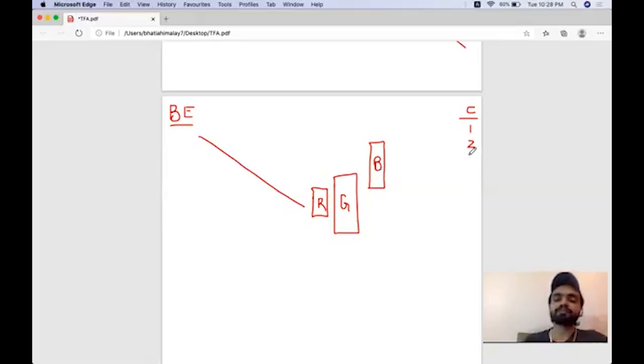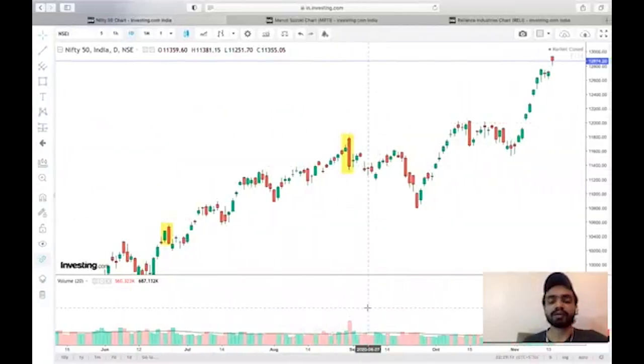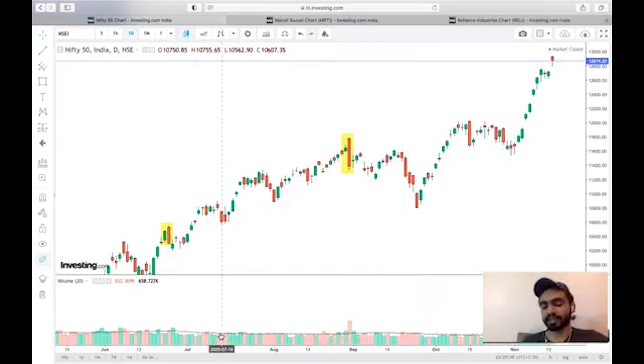All right. Now, there's a third criteria over here. The third criteria is that on the day of the confirmation, as well as on the previous day, the volume should be high. What does high volume mean? I've already explained this in the previous episode: the bar should either touch the average or reach the average on the upside.